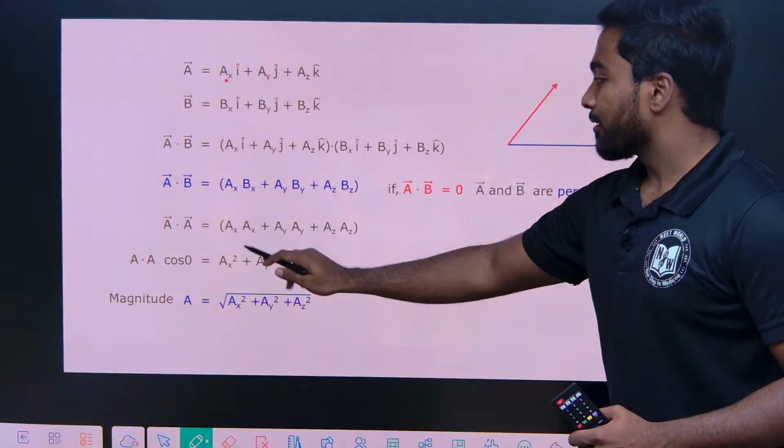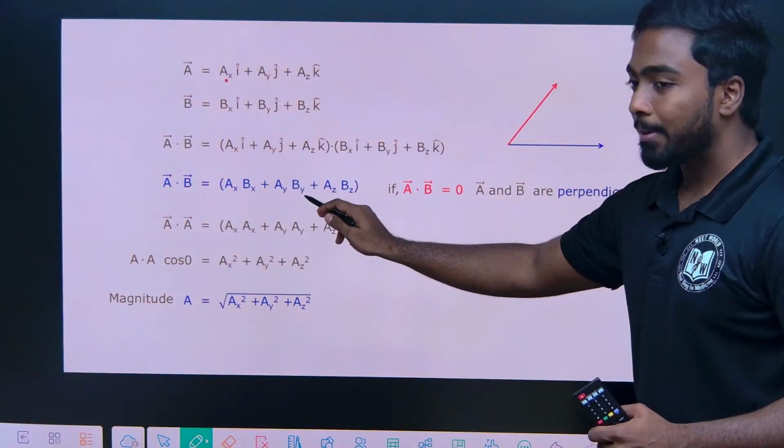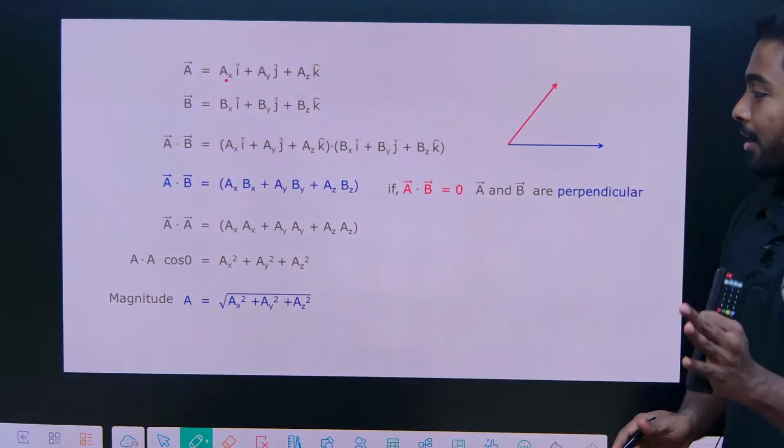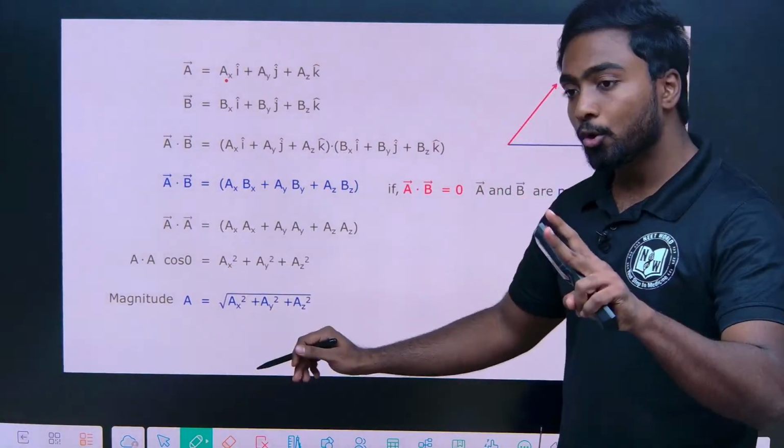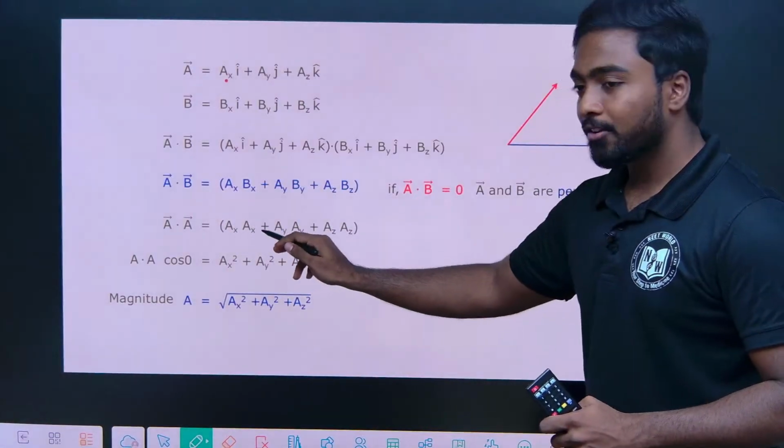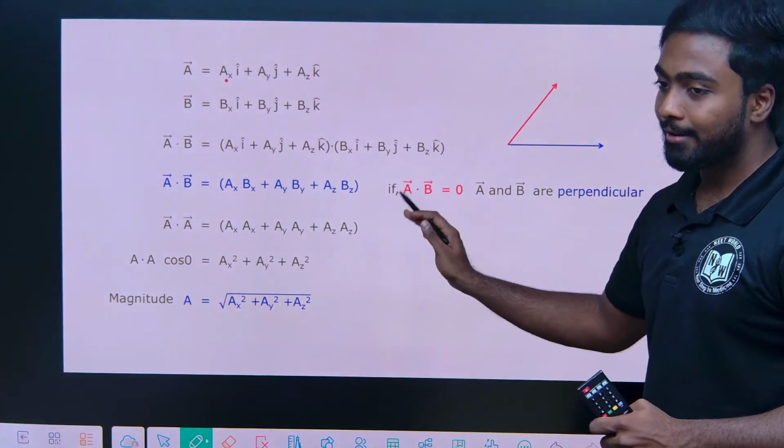So ax bx plus ay by plus az bz. And when we are talking about a dot a, like two same vectors, ax square plus ay square plus az square.